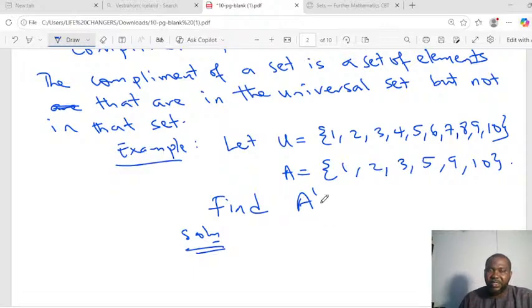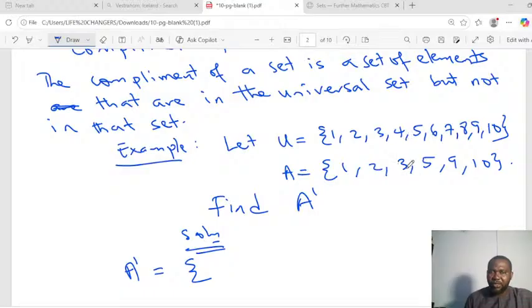A complement means the elements that are not in A. So for complement, anything in A, don't write it. Only write those things that are not in A, but are in the universal set. I won't write 1. I won't write 2. I won't write 3.